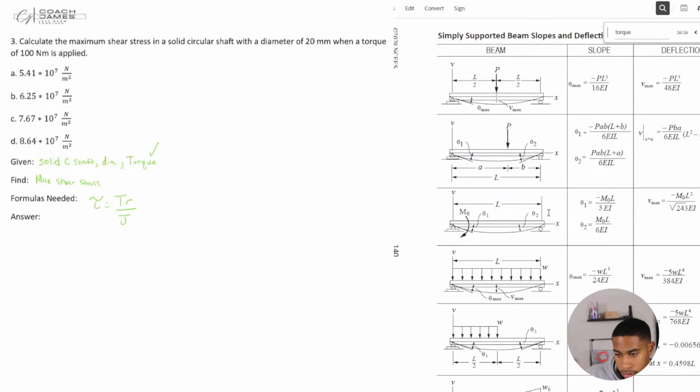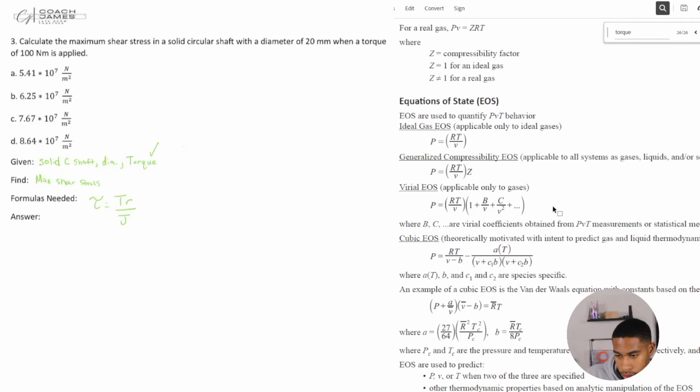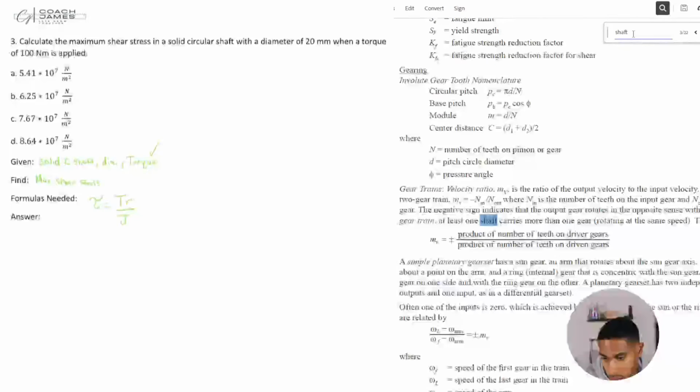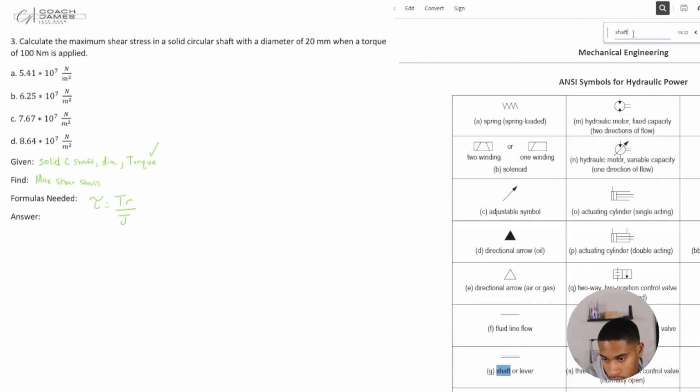Let's see if there's a diagram for shafts. It's a solid circular shaft.